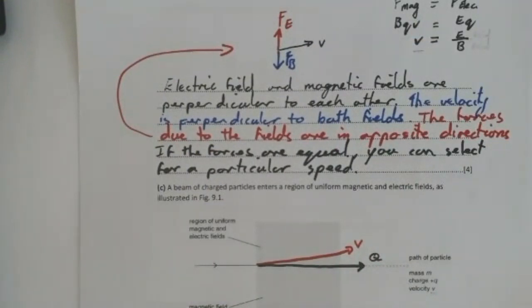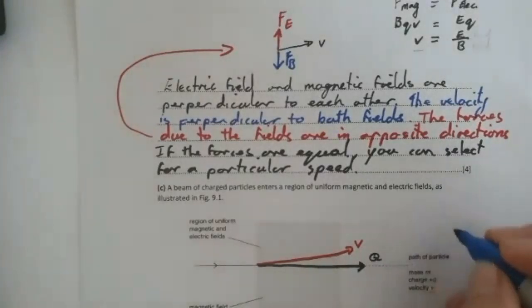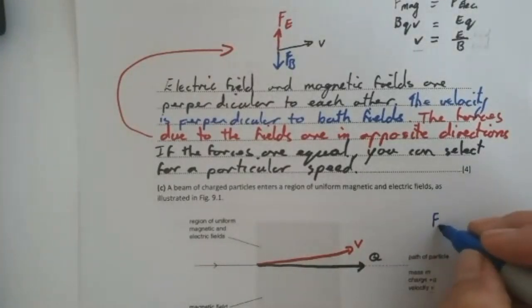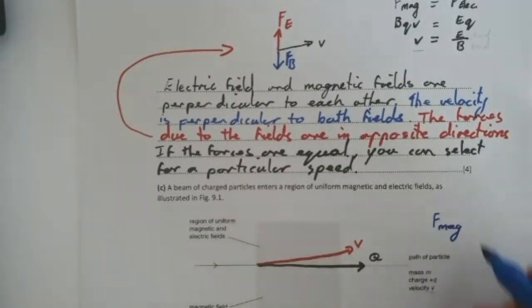All right, let's see if we can imagine for a moment what is happening in there. The magnetic field is into the plane. My force due to my magnetic field is BQV, right?